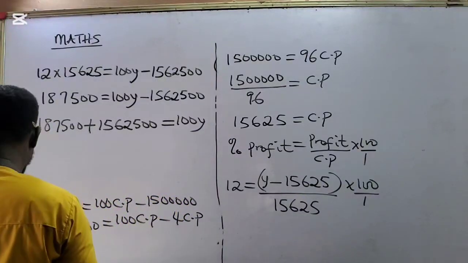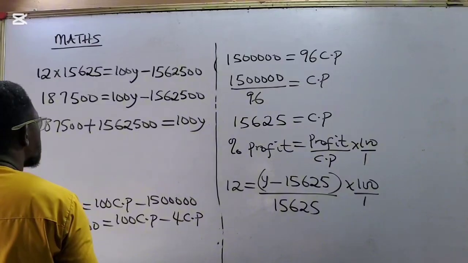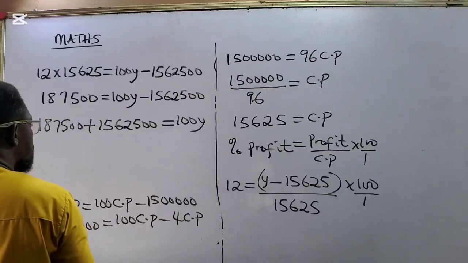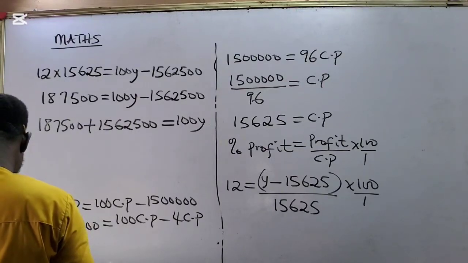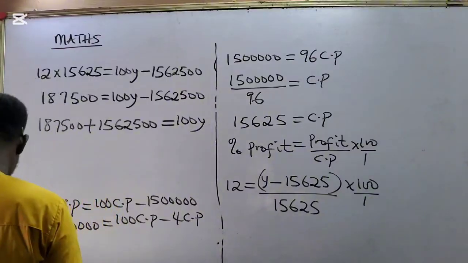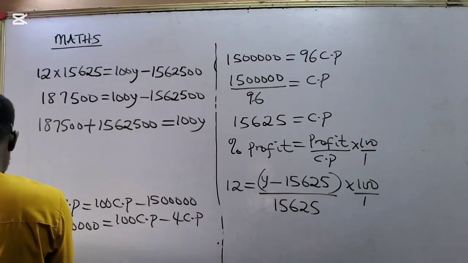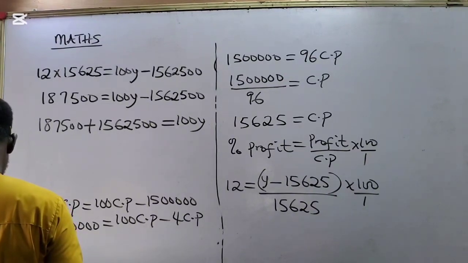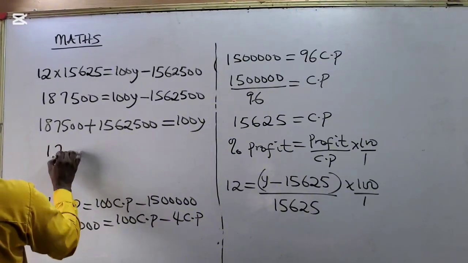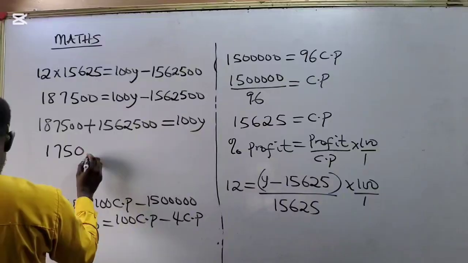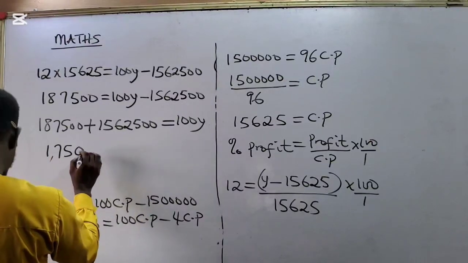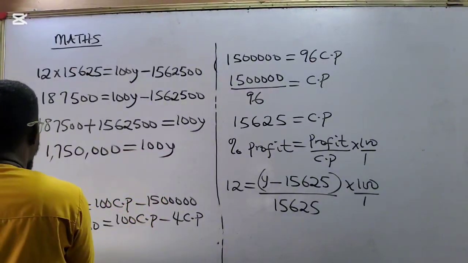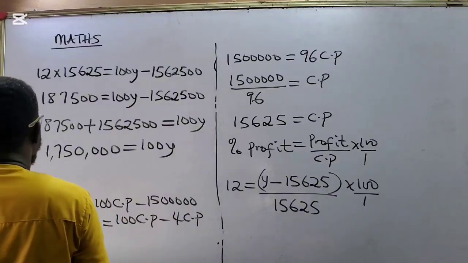So we add that up. We get 1,750,000 equals 100y.